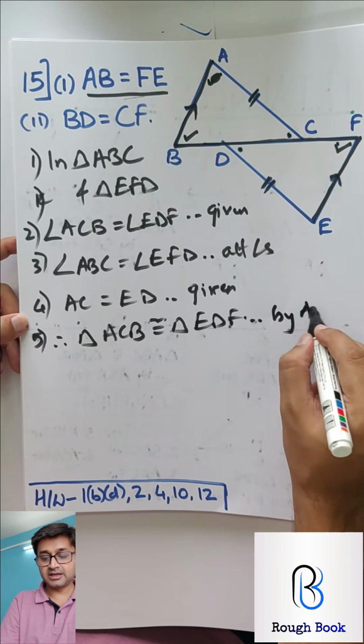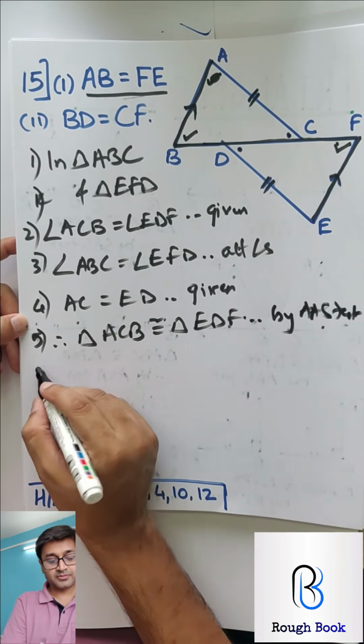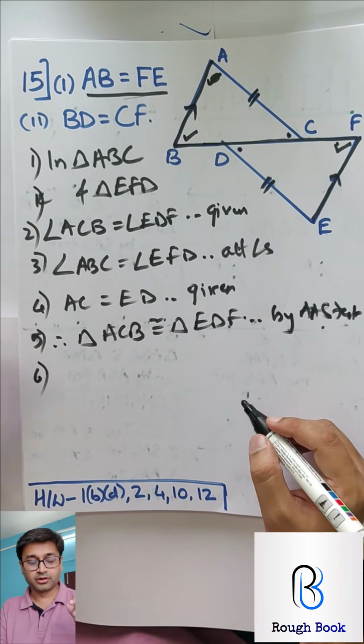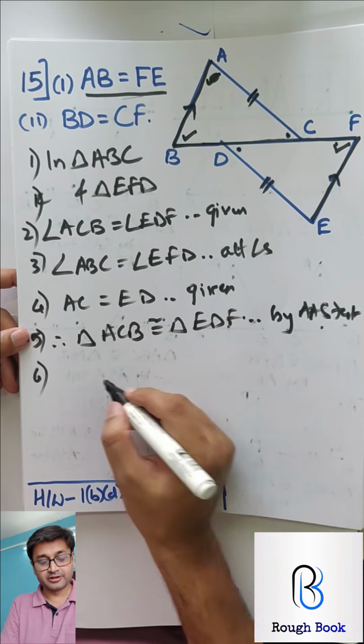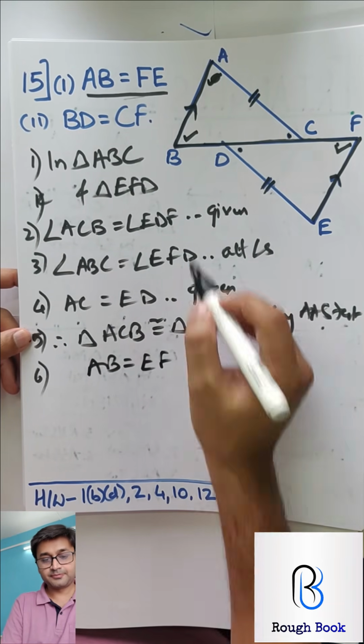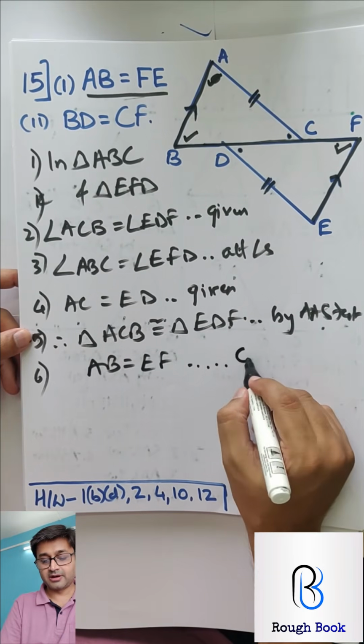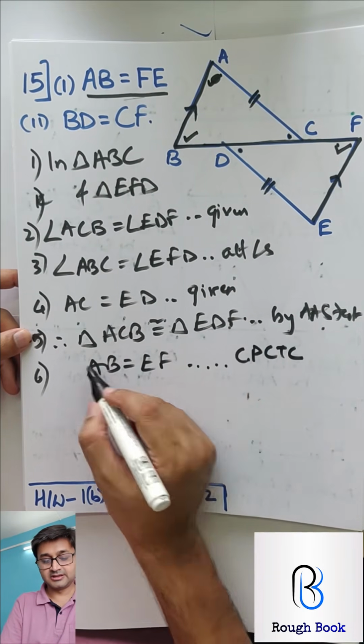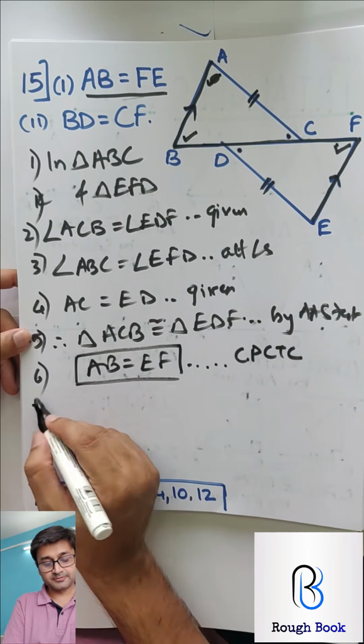By what test? AAS test. So once your triangles are congruent by whatever test you proved them, I can say AB is equal to EF. AB equals EF by CPCTC. So we got the first part.